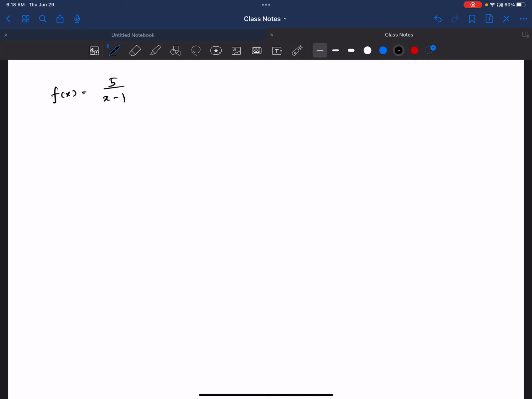Now we can see that this is a function. You can draw it, and you can say this is y equals 5 over x minus 1. x equals 1 is a critical point for that.